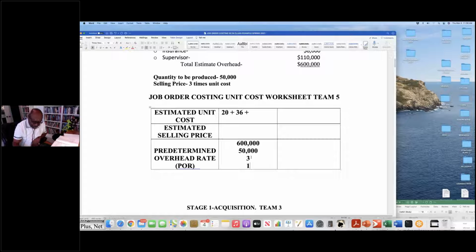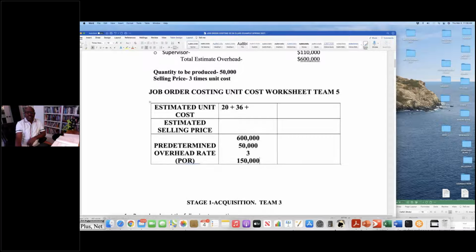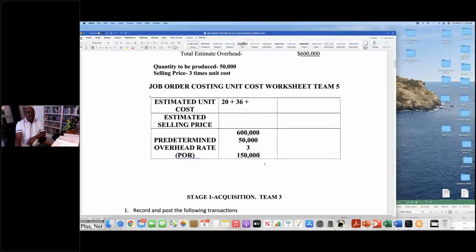Don't make it hard. 150,000 hours. Okay, fine. Your team could have been helping you though. So our POR is going to be what? 600 divided by 150 gives us what? 4.